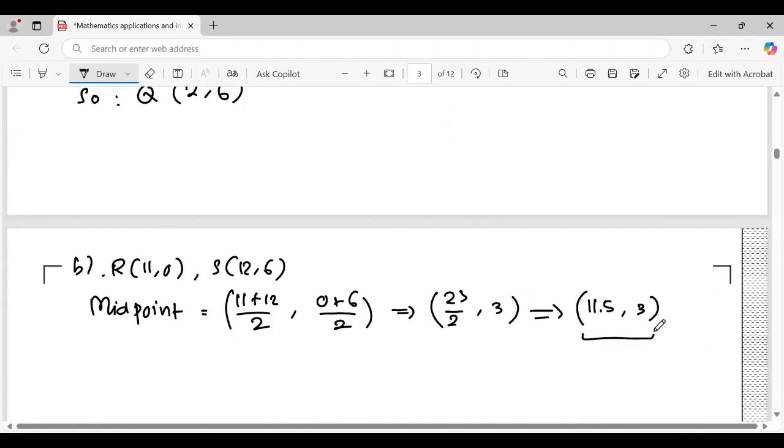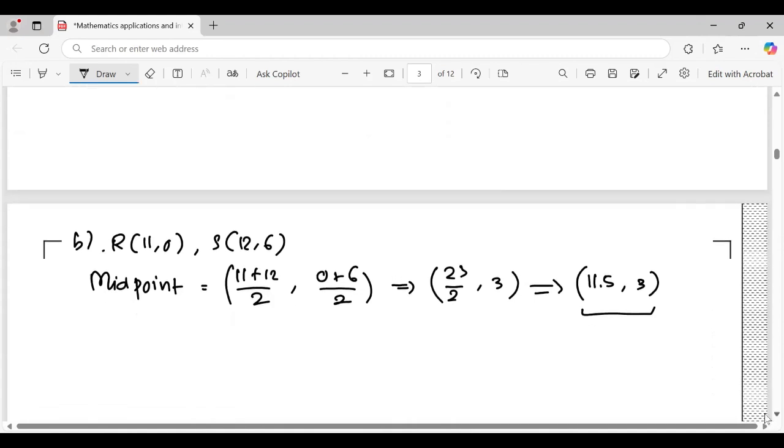This is the midpoint of RS. After that, we need to find the equation.